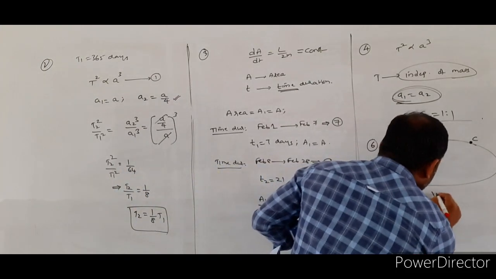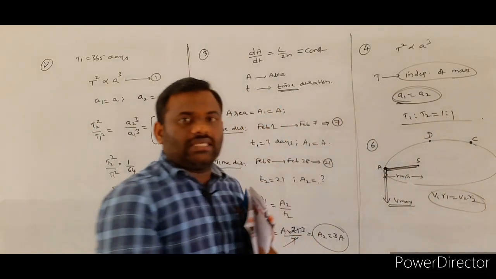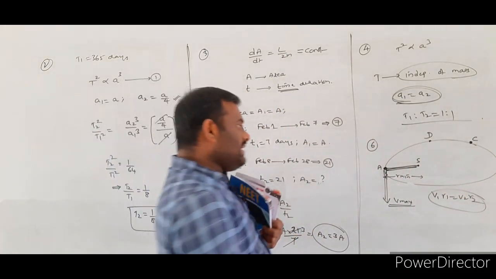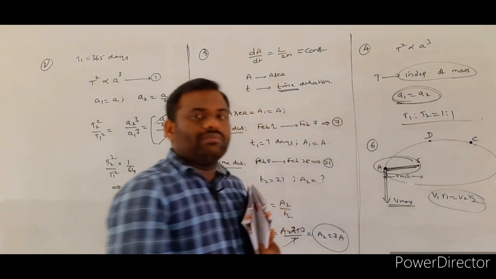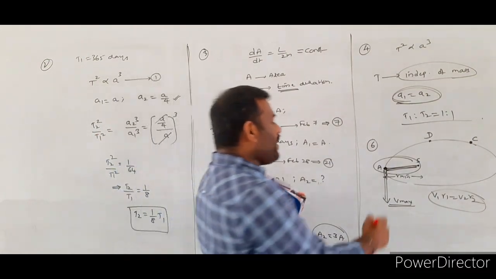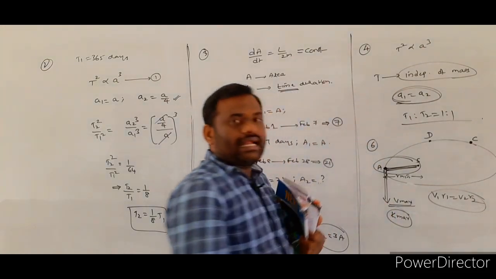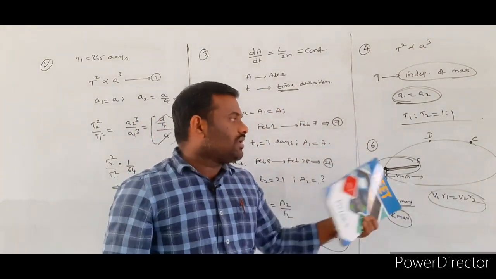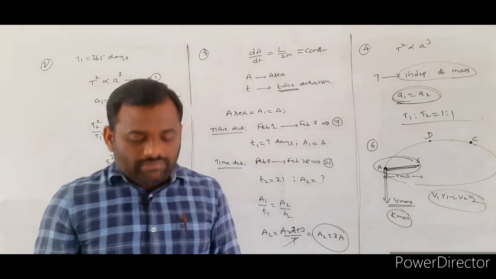As a result we write v1 r1 is equal to v2 r2. Since the distance of separation between the sun and the planet is minimum, at that position it has the greater speed, so at the point A kinetic energy will be maximum. So, conceptual bit, very, very important one. Like this we have to solve problem number 6.